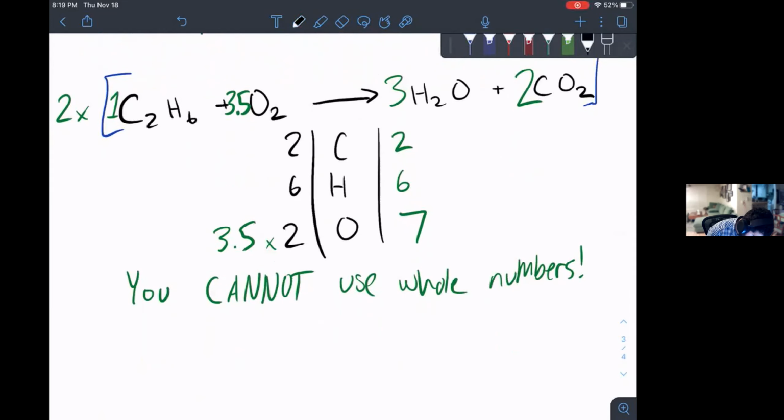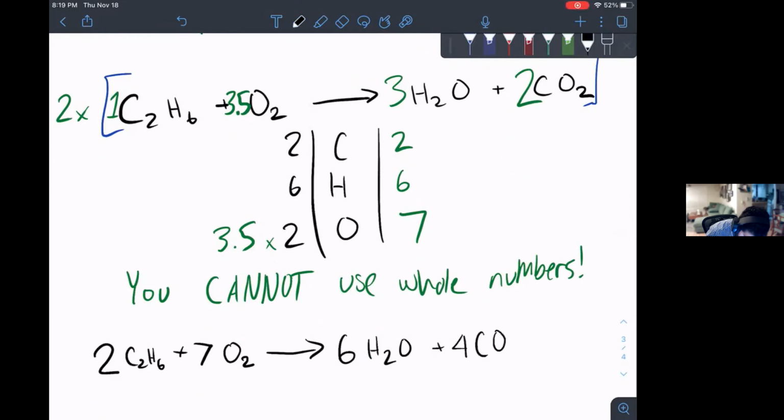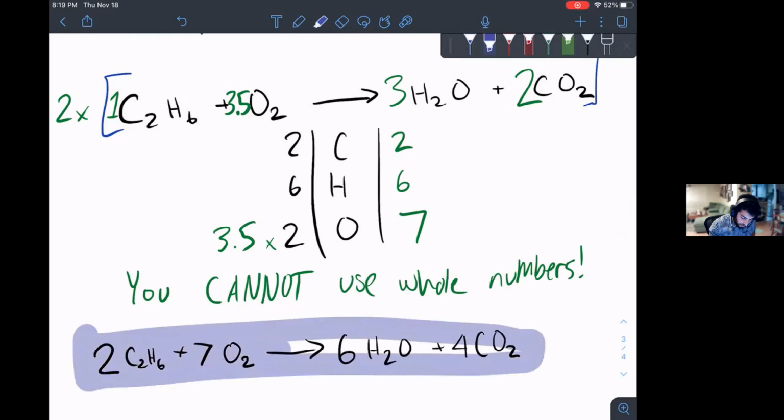I get 2C2H6 plus 7O2 makes 6H2O plus 4CO2. And it still works out. We still have a balanced equation. And on top of everything, you don't have any decimals. It's all whole numbers. So I go home happy, you go home happy.